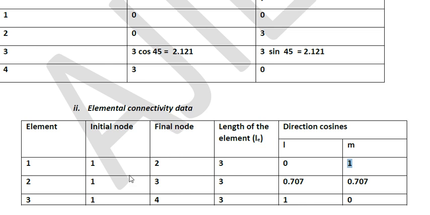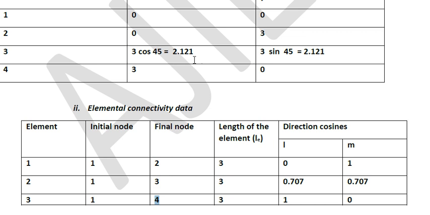Coming to the second element, final node is 3, initial node is 1. So the x final minus initial divided by length L is equal to 0.707. Coming to y, final minus initial divided by length is equal to 0.707. Coming to the third element, initial node is 1, final node is 4.